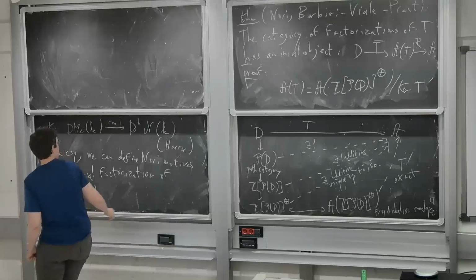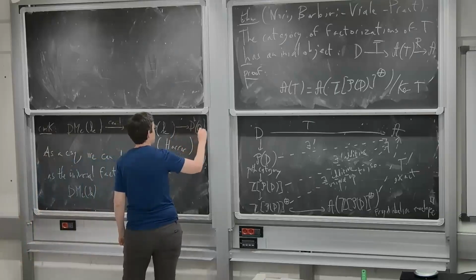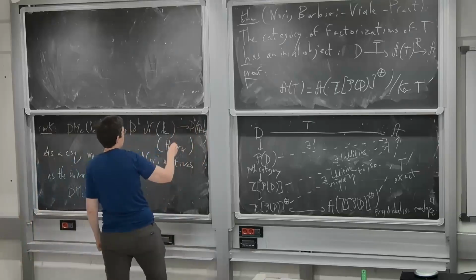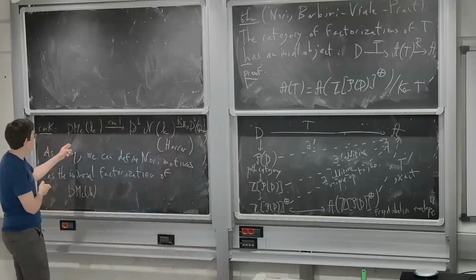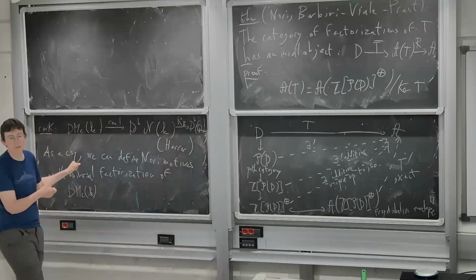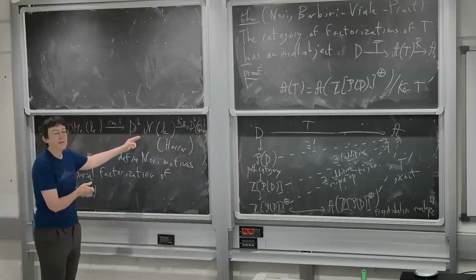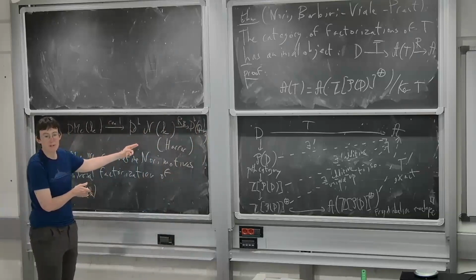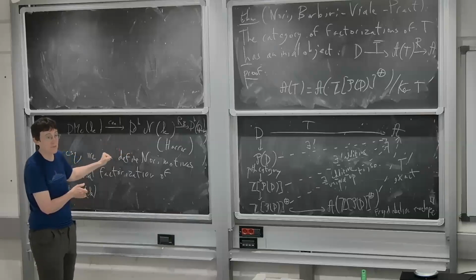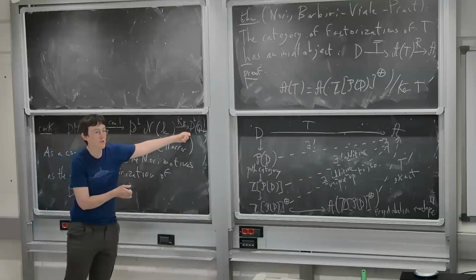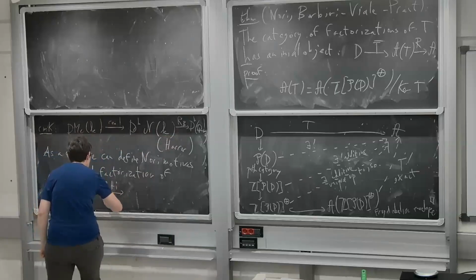Here you have the category of vector spaces, and here you have the Betti realization. What I almost wrote, which would not have made any sense, is that I take H0 and take the universal factorization of that. It would not have made sense because I would have used Nori motives to construct Nori motives. So what you want to do is take the composition, which is Betti realization on Voevodsky motives.